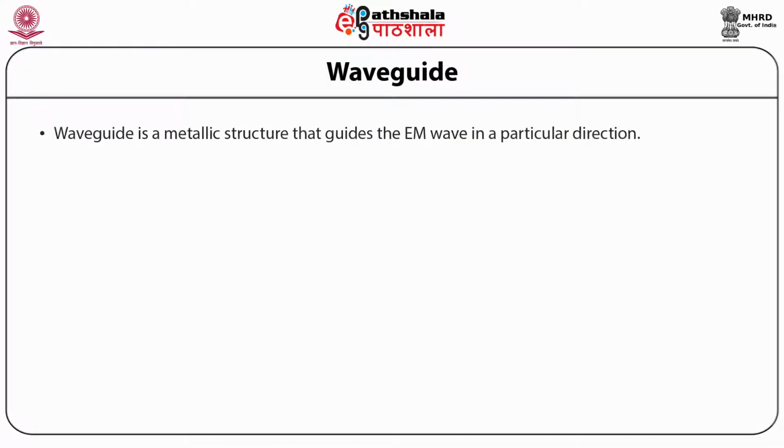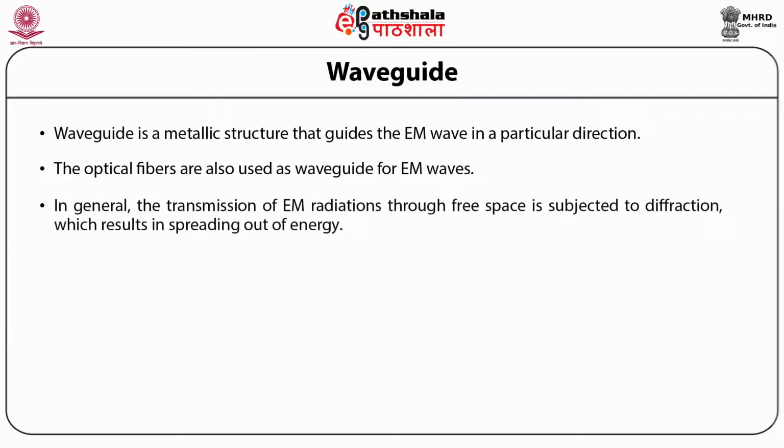Waveguides. A waveguide is a metallic structure that guides the electromagnetic wave in a particular direction. They exist in the form of wires, coaxial cables or parallel plates. Optical fibers are also used as waveguides for electromagnetic waves.